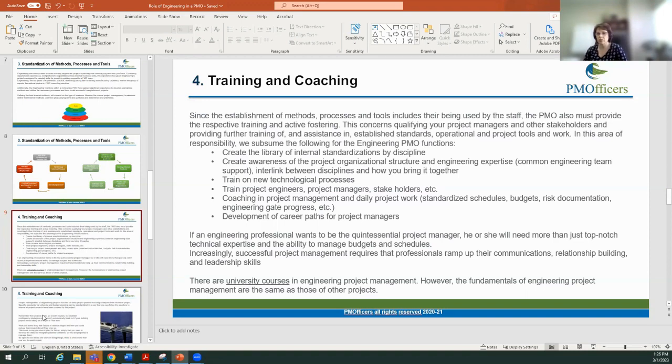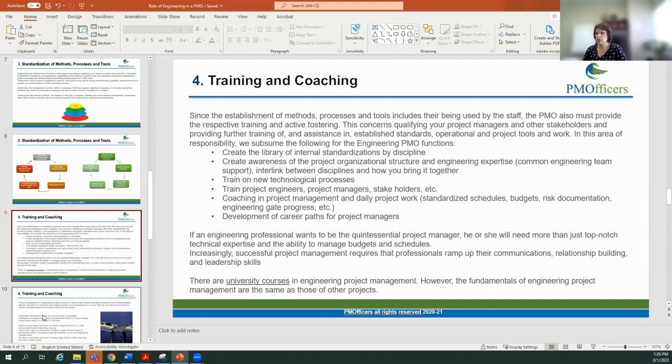Train on new technological processes. We know the industry today develops very, very rapidly and very quickly. We are talking about the technical trend being exponential. So always being on top of the newer technologies to implement good projects and to implement benefits to the company is always very important.